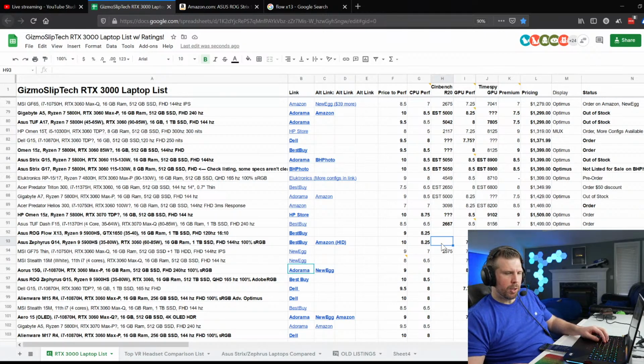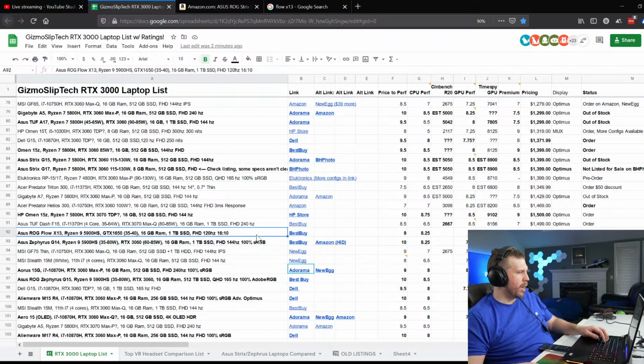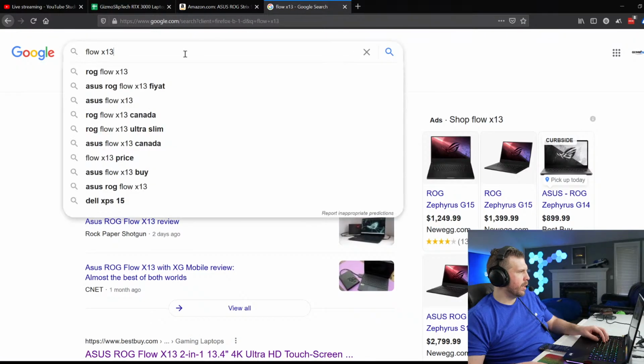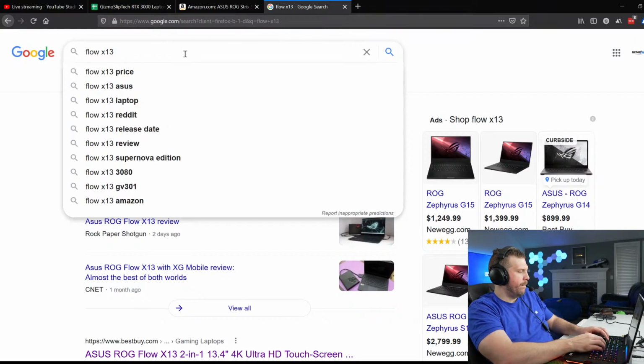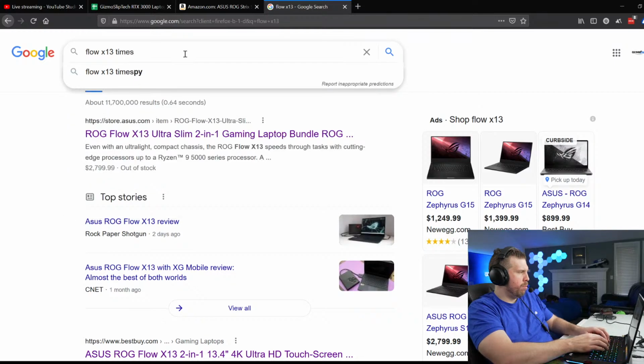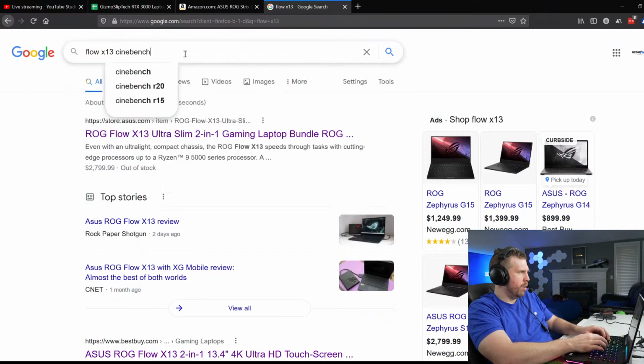I just ran Cinebench R20 on my G15 with a 3070 and got 5120. Is that a Zephyrus G15 or a Strix G15? People got to specify that when they say the name. All right, so Flow X13. Here we go. Flow X13. In Cinebench R20.